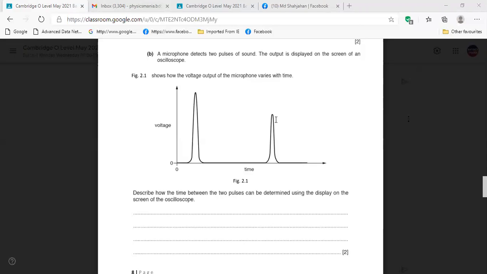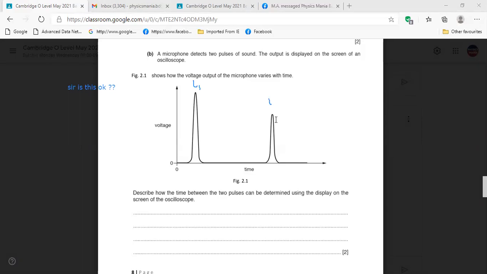Yes, sir. So 4.5 divisions we are getting, and for each division the time base is given as 10 millisecond, right? Yes, sir. So I wrote the time between two pulses is 45 millisecond, right? You got it? Yes, sir.